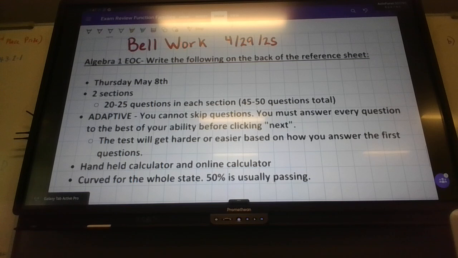You may shorthand this. You don't have to write this word for word. This is information. So, Jessica, this is the exact reference sheet you're going to get on the day of the exam. So I was just pointing out important details. You want to take a picture of what I wrote?